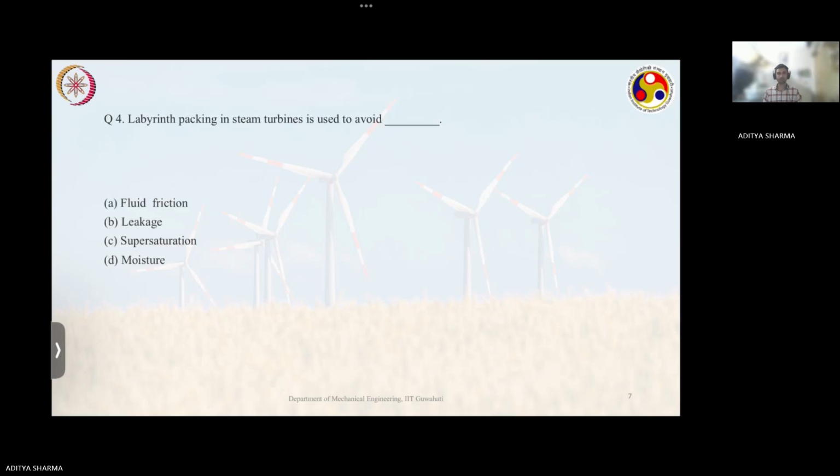So this is question number 4, which says that labyrinth packing in steam turbines is used to avoid what? This is that kind of question that if you know, you know. If you don't know, you don't know. But you can try to guess from the word packing.